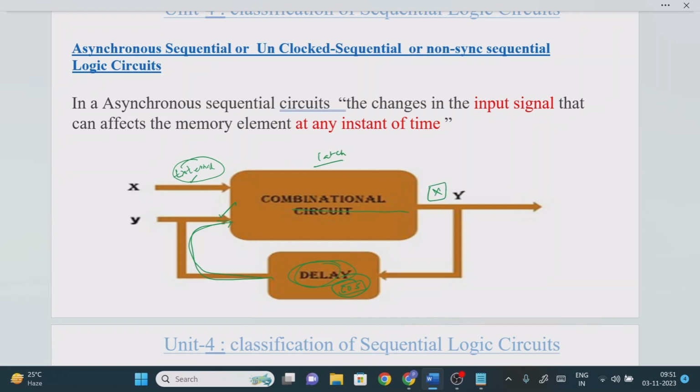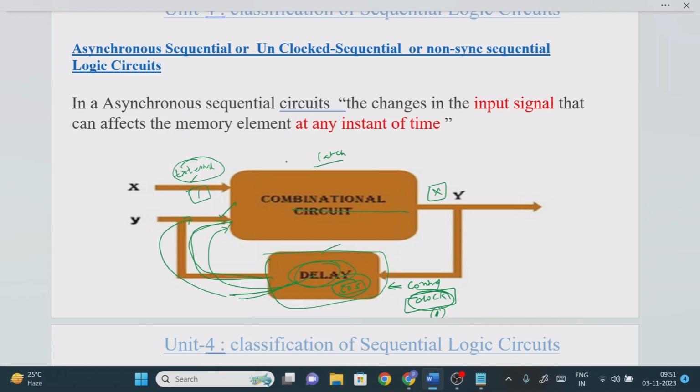Now, what if we can implement some control mechanism here, right? That control mechanism we can call the clock signal. If this control mechanism or clock signal value is set to 1, meaning activated, then this value will go to here, right? It means that the moment we give the external input value and the moment we activate this, only then will this value go to here.